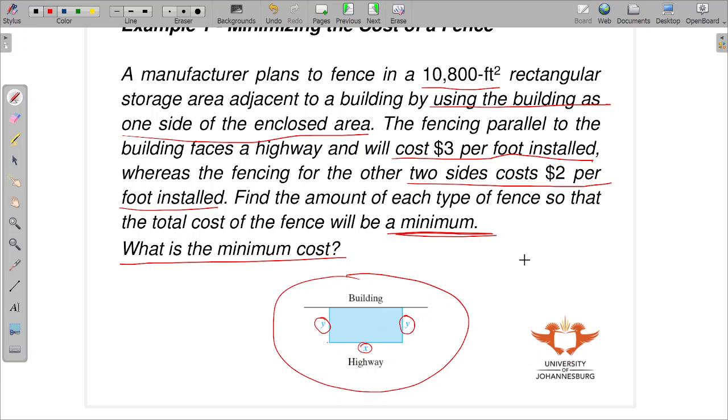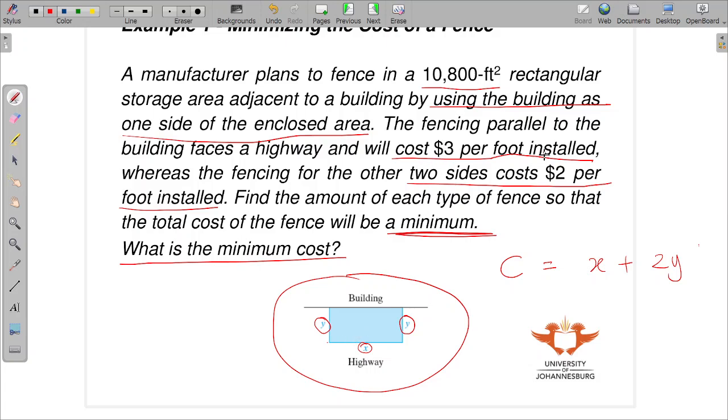This time around I will call it C, because we need to include the cost later. C equals x plus 2y, that is y plus x plus y. But don't forget that the side has a cost attached.